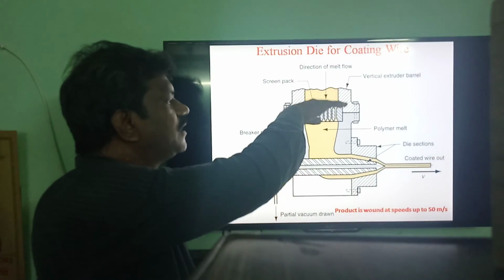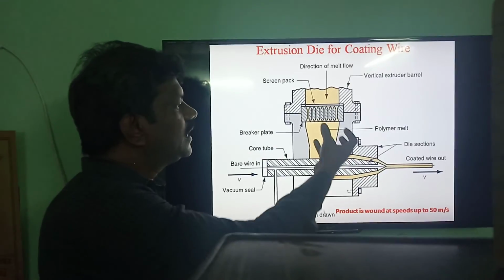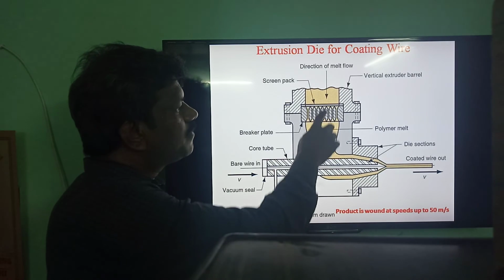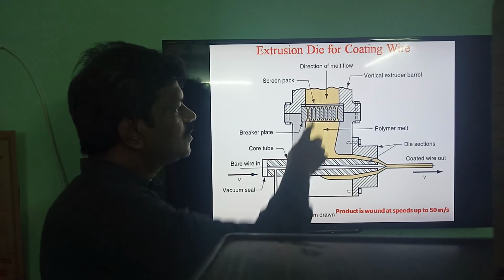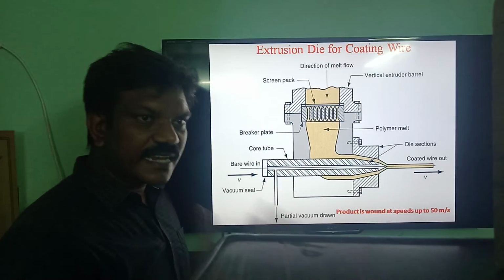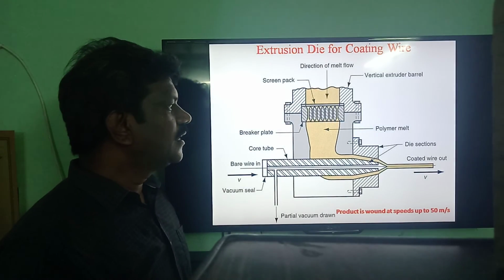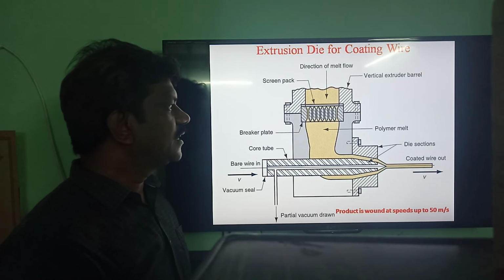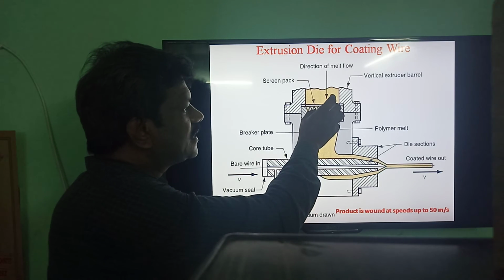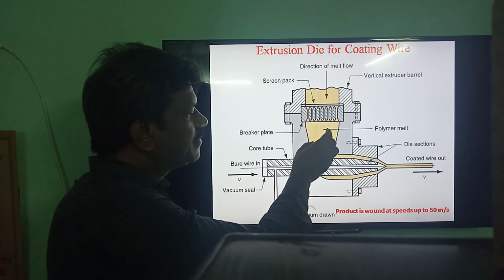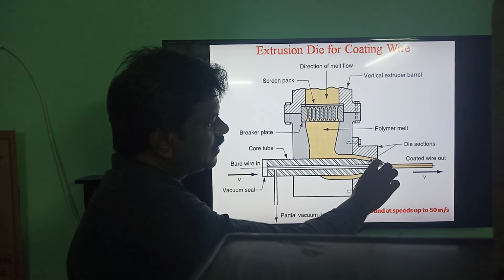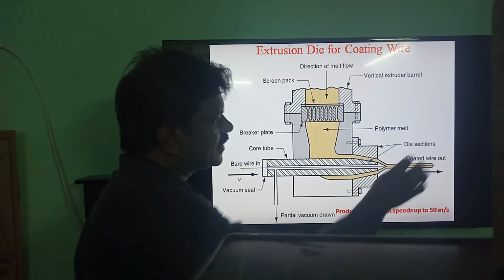So this mesh will filter out any lumps of plastic. In the breaker plate there are a number of channels. These channels are used to direct the molten material, number one, and another is to increase the pressure, right? So the pressurized molten material is coming here, and here we will have the die opening, so that the material is coming like this, right?